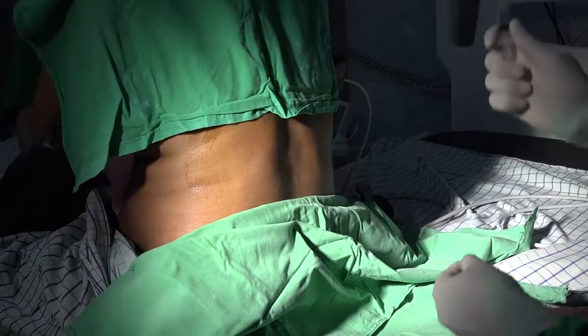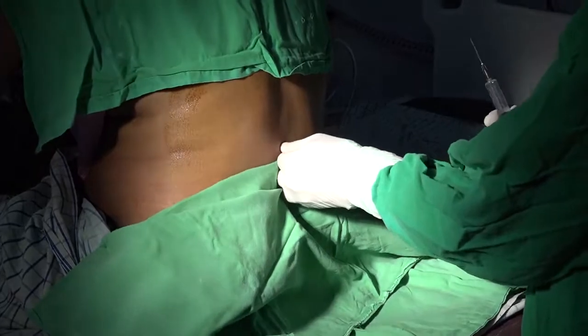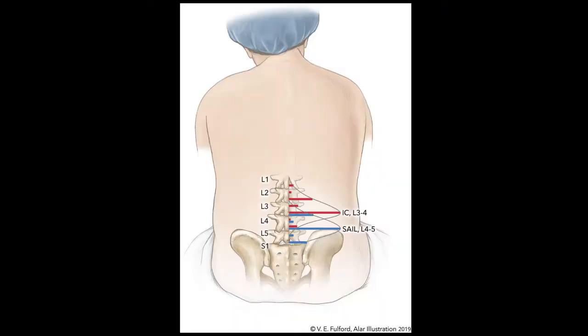Right, now you have to get the landmarks identified. So a lumbar epidural is generally performed at L2-3, L3-4 or L4-5 spaces. As you go lower, it's safer to the patient because you are going away from the spinal cord, so chances of inadvertent injury to the spinal cord is less.